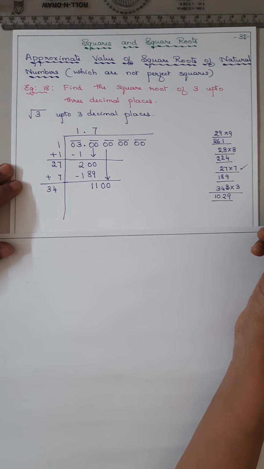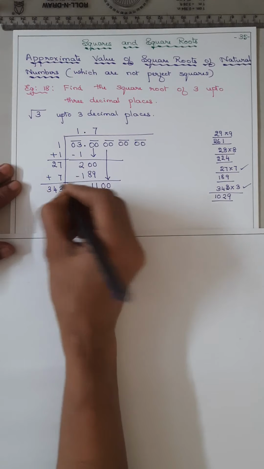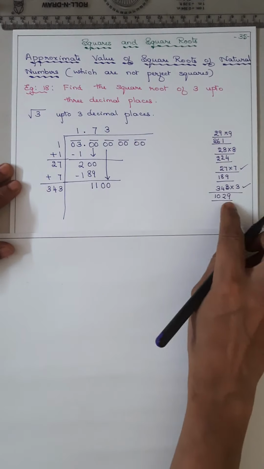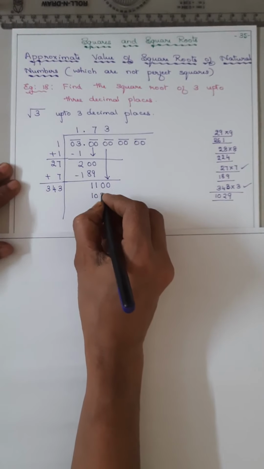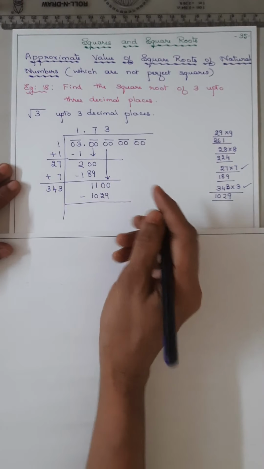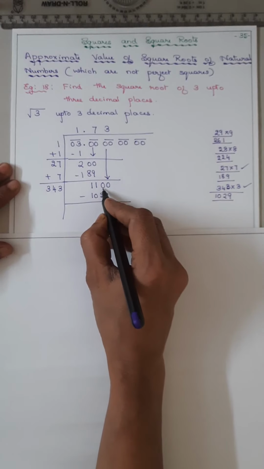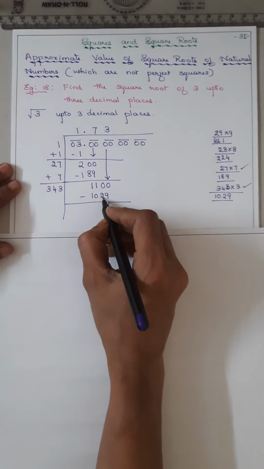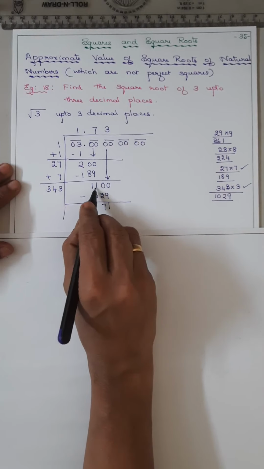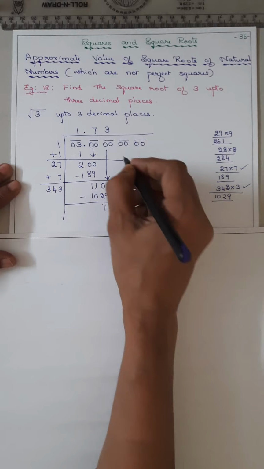Is it? Yes. So you can put 3. You got the answer 1029. Now subtract. 10 minus 9, 1. Now here it is 9. 9 minus 2 is 7. 0 minus 0, 0. 1 minus 1, 0.